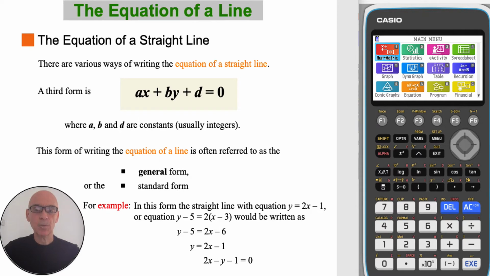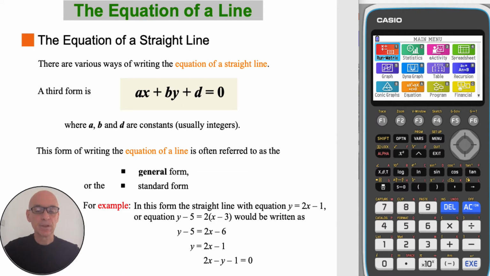A third form of writing the equation of a straight line is ax + by + d = 0, where a, b, and d are constants, usually integers, that is positive, negative, or 0 whole numbers. This form is often referred to as the general form, or the standard form.